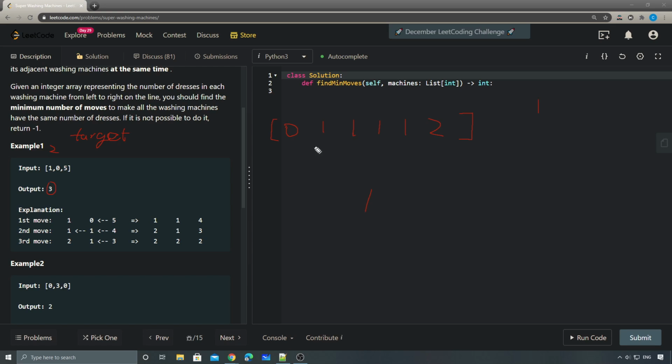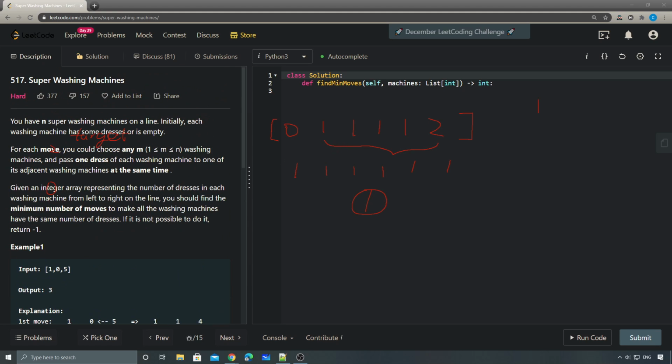Since we can choose this range of machines and move one dress on the left at the same time, we can have 1, 1, 1, 1, 1, and 1 within only one move. So that's the meaning of choosing any machines.